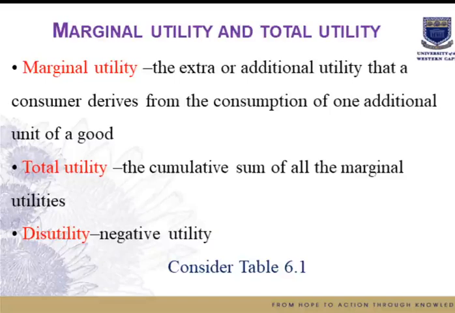Looking at Table 6.1 data, we observe that after consuming the seventh apple, Tabo is satiated, or in other words, Tabo has reached the maximum consumption point, he is full. Any other further consumption of apples after this point will yield a negative utility or disutility.